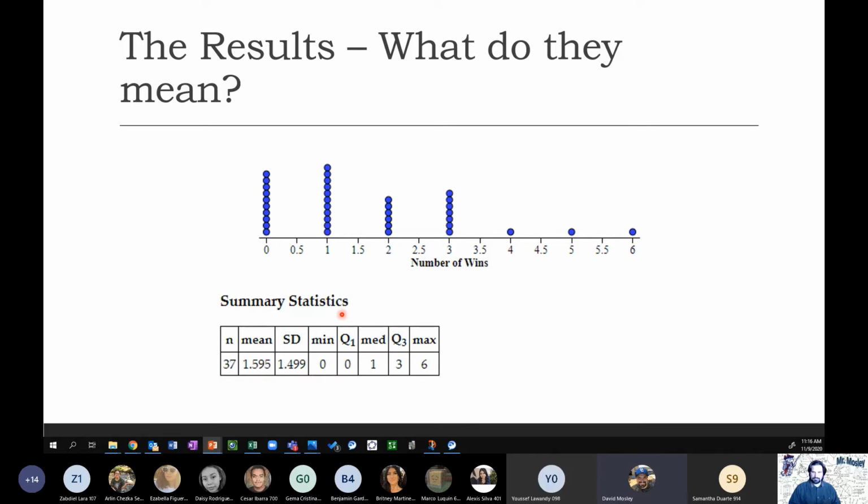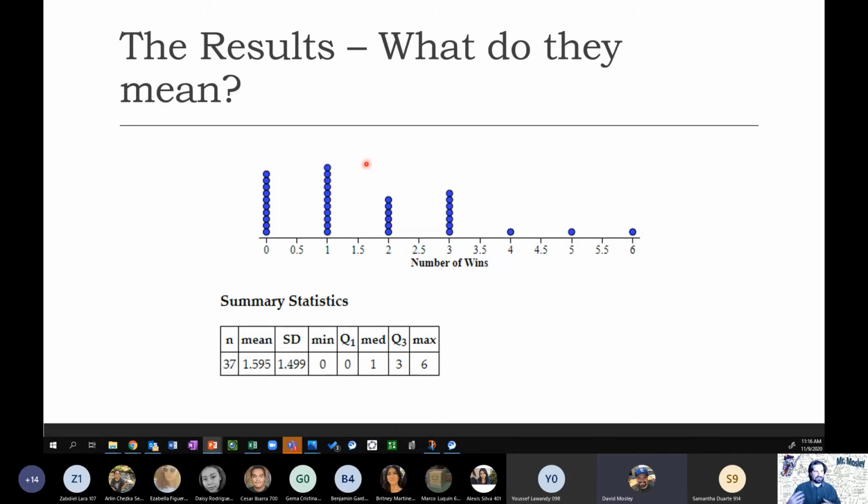It would be 1 out of 37 because the data shows 37. Correct. 37 points. We have 37 data points. That's the value of n. That's the number of trials we had, so to say. And we had 1 occurred 1, 2, 3, 4, 5, 6, 7, 8, 9, 10, 11 times.